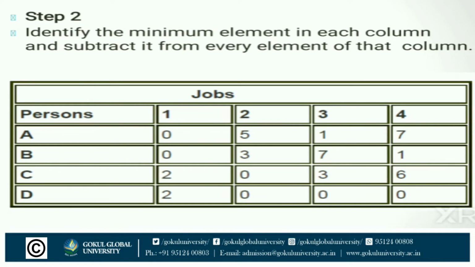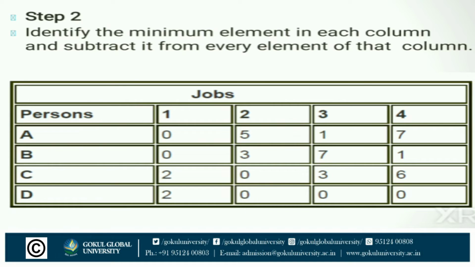Step number 2: identify the minimum element of each column and subtract it from every element of that column. Here the first column has a zero, so the smallest value is 0. Subtracting 0, the column is 0, 0, 2, 2. The same for the second column.